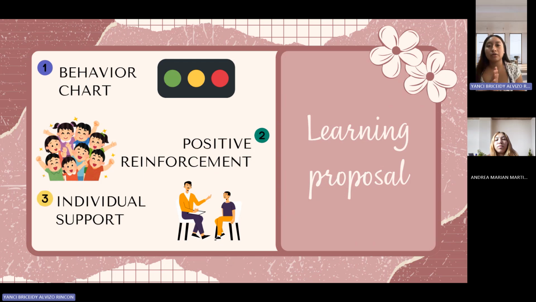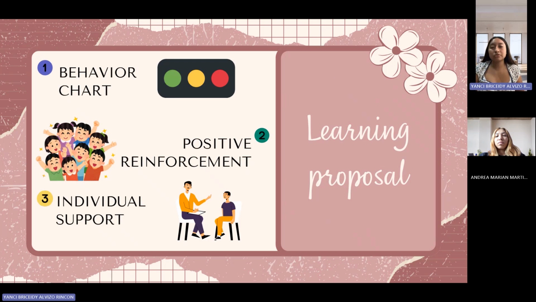However, the goal here is not to give big prizes every time, but to show appreciation and recognition. Students feel more motivated when their effort is noticed. It also creates a positive classroom culture where students try to do their best, not only for the reward, but because they feel good about it.